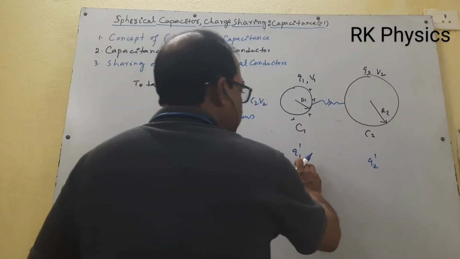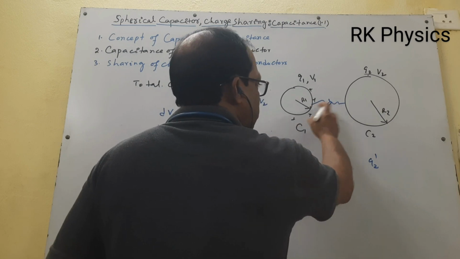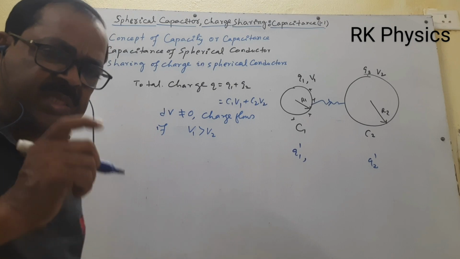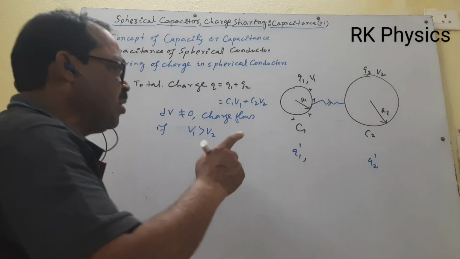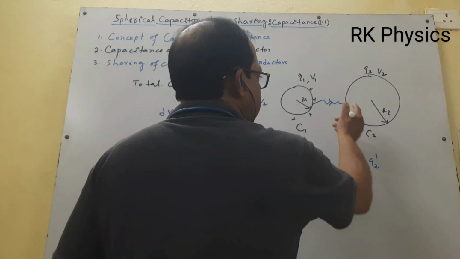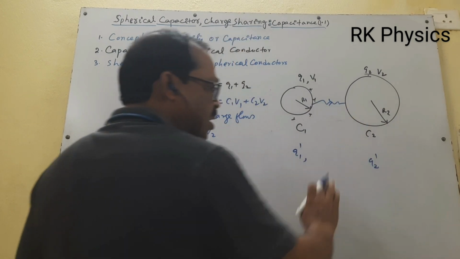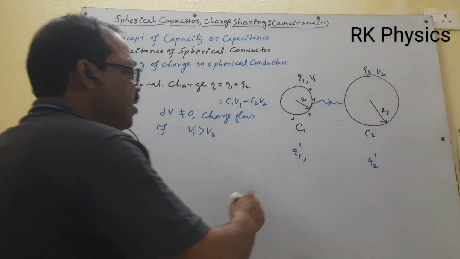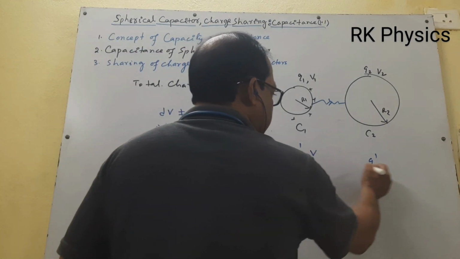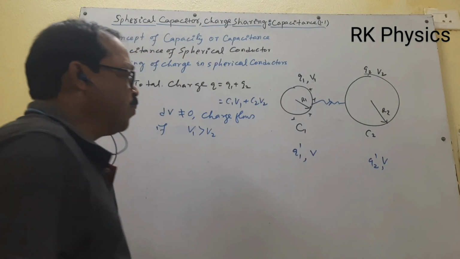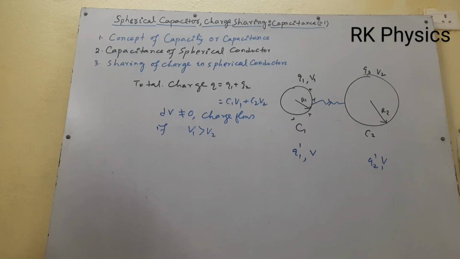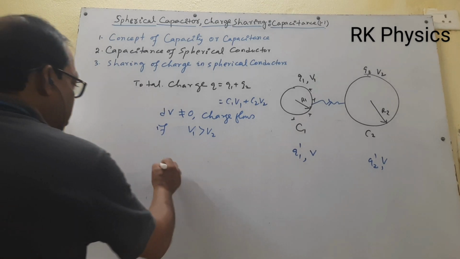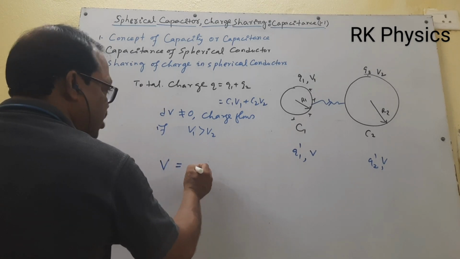Now, if they are joined by means of a conductor, both represent a single system. Since the positive plates are connected, you can say it is a parallel combination. In that case the potential becomes the same, and that potential is generally called the common potential. So what is the value of the common potential?